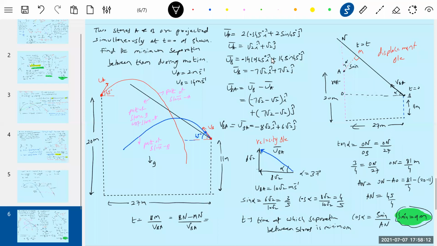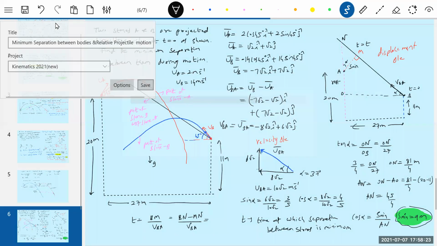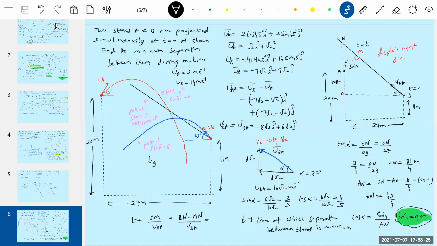So just remember, minimum separation, maximum separation comes. What is that? The displacement triangle, velocity triangle. I think these are the things which will help us a lot. Anybody, value of T?